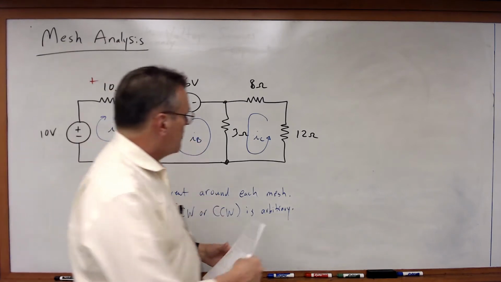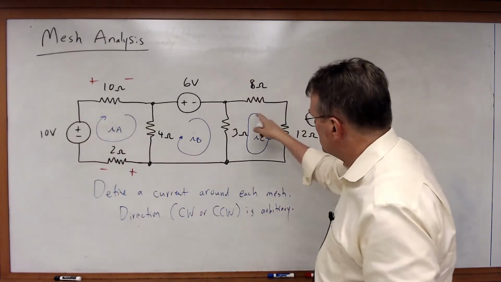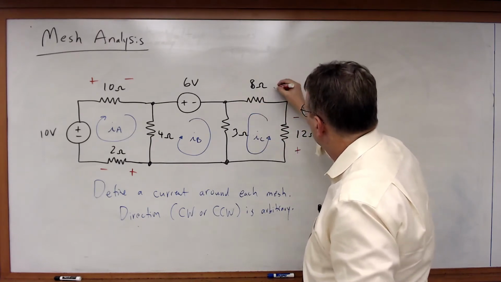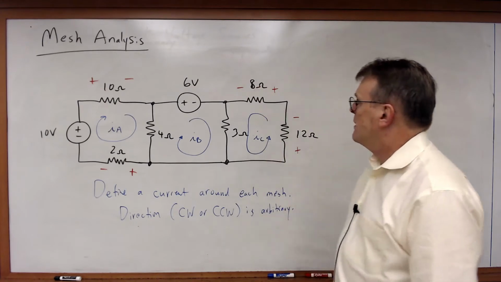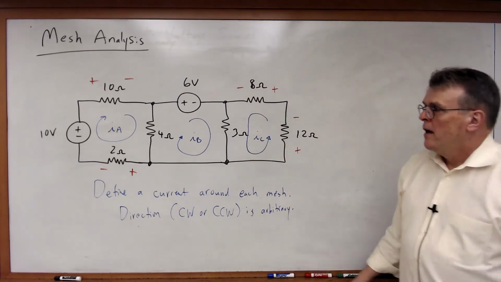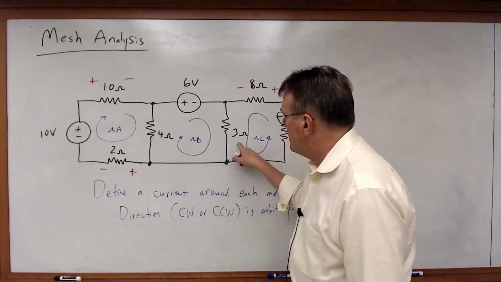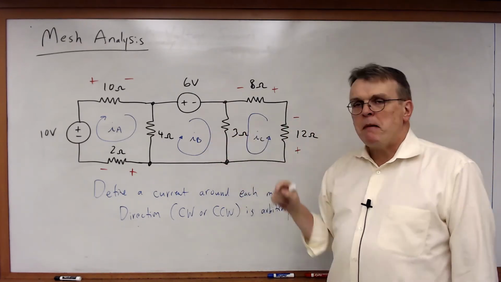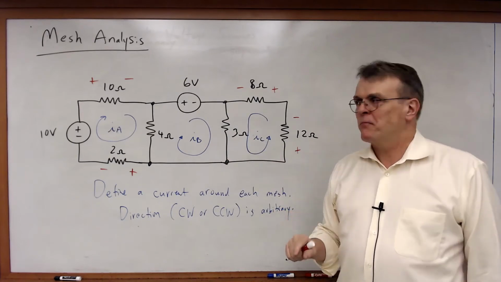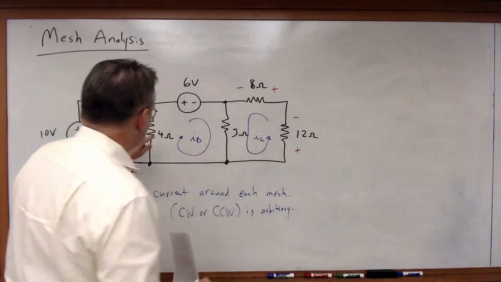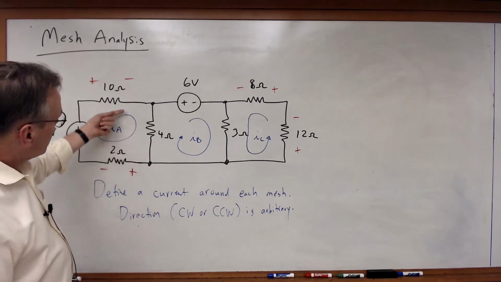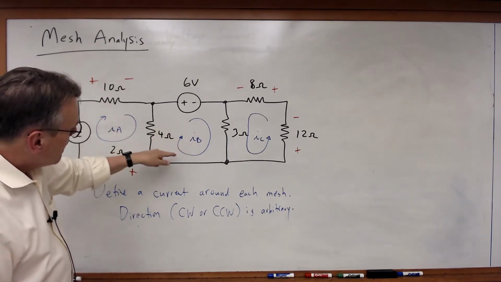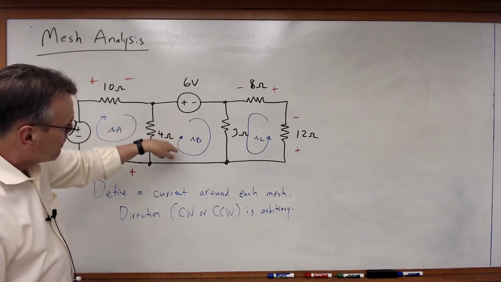Now over here, the 12 ohm and the 8 ohm resistor, IC is the only current flowing through them. Once again, I apply the passive sign convention. But now I've got this 4 ohm and this 3 ohm resistor, and those resistors span 2 meshes. For this 4 ohm resistor, I've got the IA mesh current flowing through it here, and the IB mesh current flowing through it here.